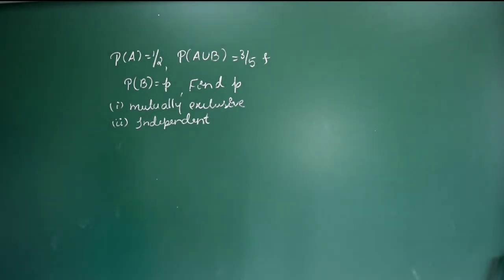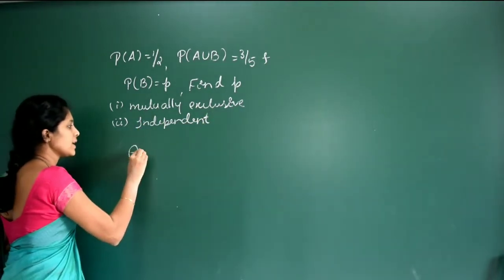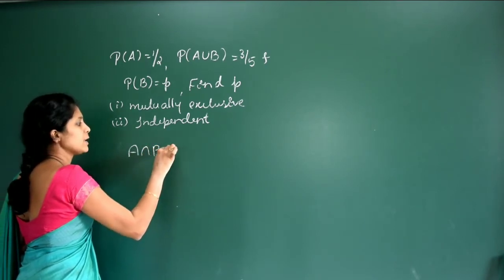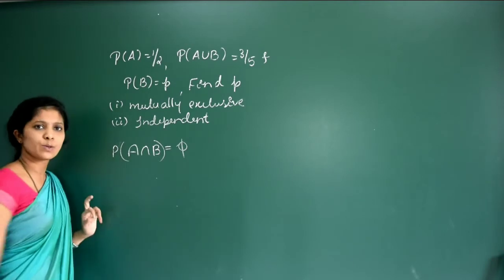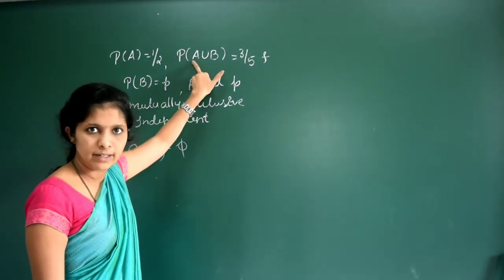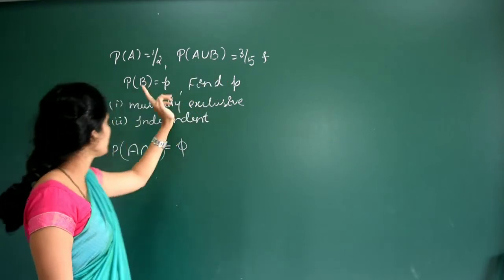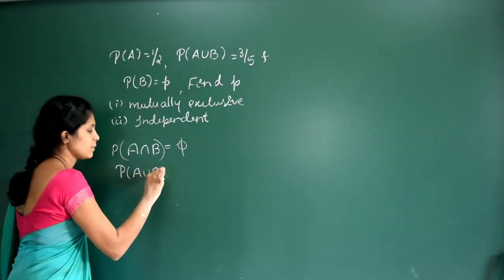Simple it is. See here, first one mutually exclusive. Mutually exclusive is nothing but A intersection B will be equal to empty. That is probability of A intersection B is equal to 0. Now we have the value of P of A union B, right? We'll use this condition to find the value of P. So P of A union B, what is the formula?